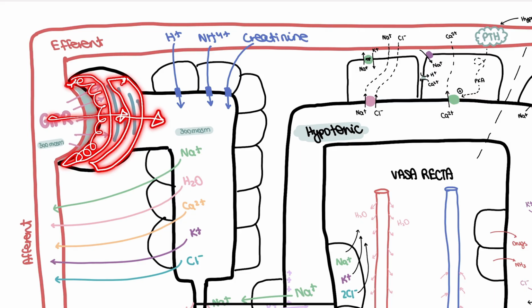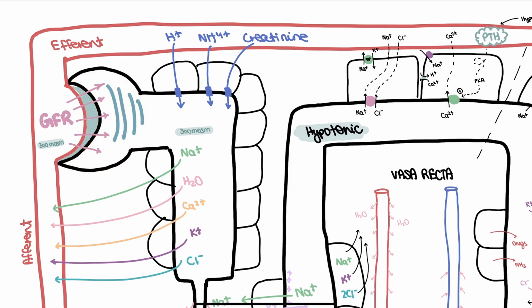And through that, you also have this simple squamous epithelium, which is your parietal layer. And that's mainly outside. It's probably the thinnest layer, I think. But you need to go through all those layers just to get into the proximal convoluted tubule. So things like large proteins won't be able to do that.